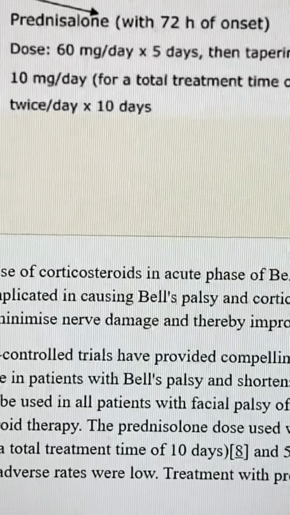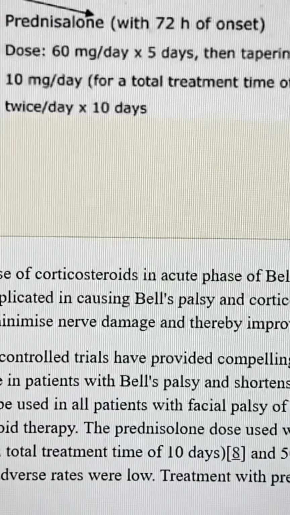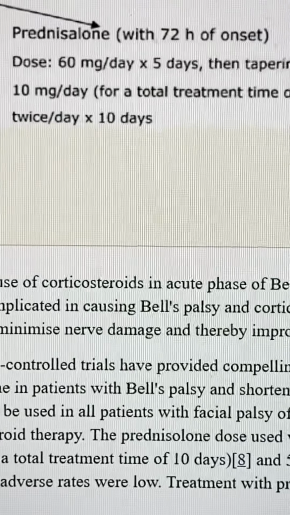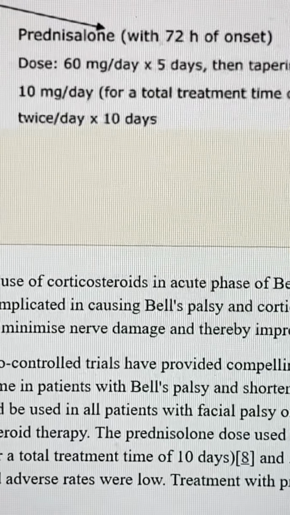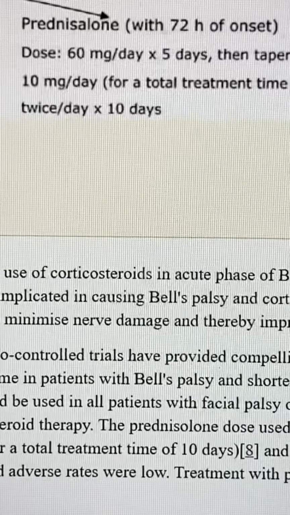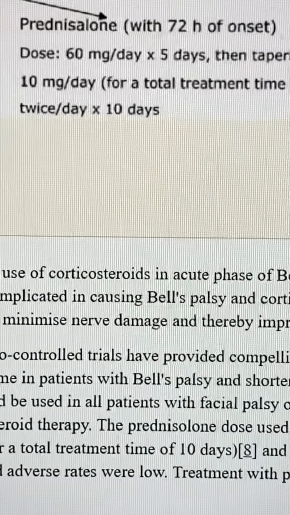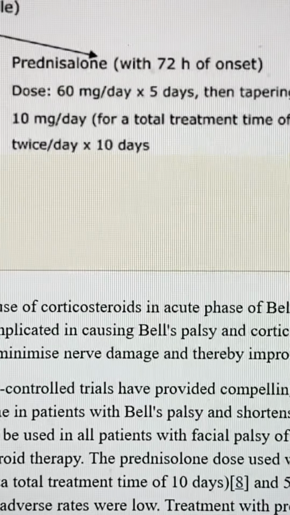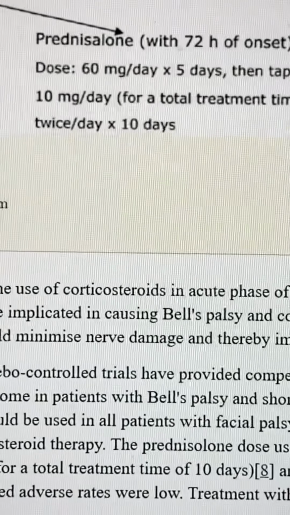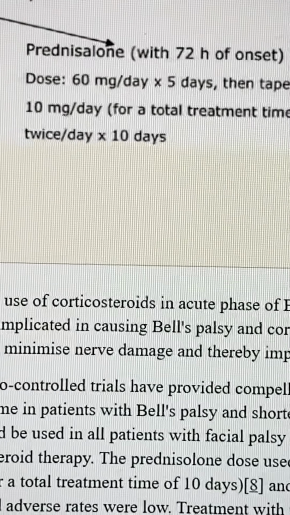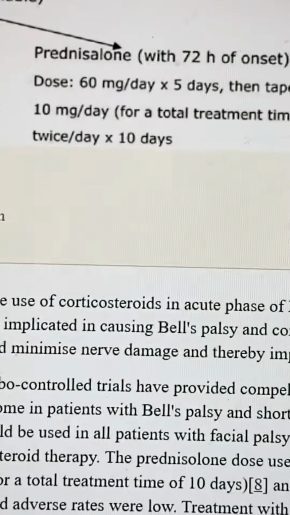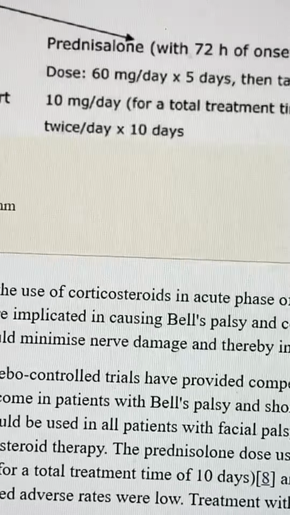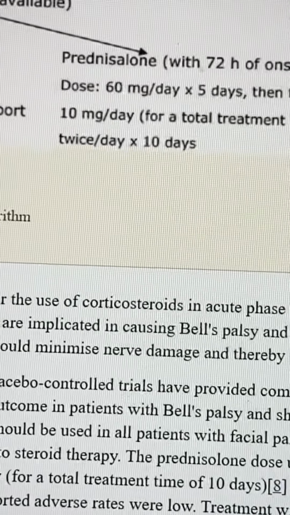And the rationale for the use of corticosteroids in an acute phase of Bell's palsy is that the inflammation and the edema of the facial nerve are implicated in causing Bell's palsy, and corticosteroids have a potent anti-inflammatory action which should minimize nerve damage and thereby improve the outcome. So it's like when we're treating an asthmatic that has a super inflamed airway and nothing we're using can help that.